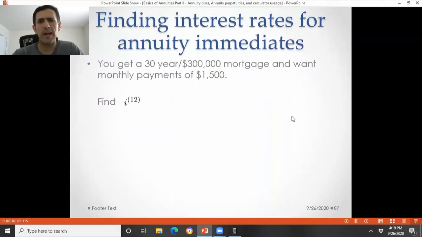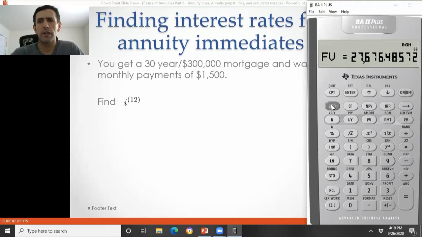So remember, we inputted, didn't really have to, we inputted minus $300,000 for this problem we did before. And we inputted plus 1,500. Let's see what happens if we don't do that, and instead we input both as positive. First of all, let me get out of BGN mode because mortgage payments are at the end of each month.